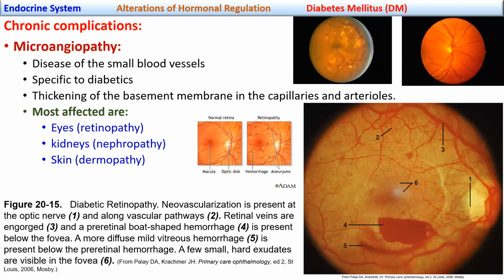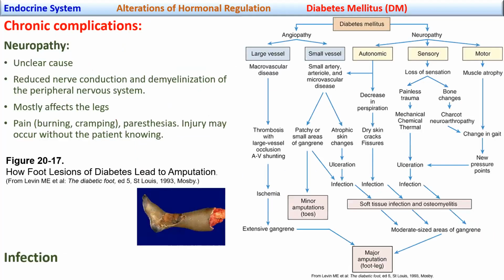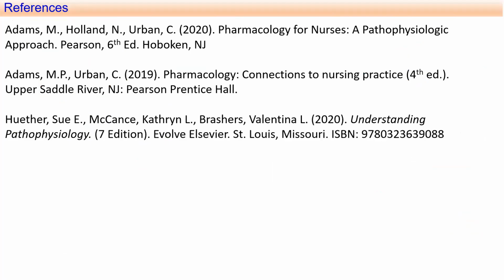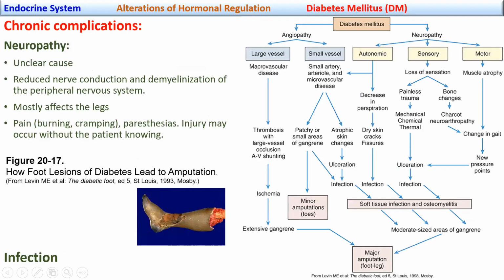There are changes in the retina, the kidneys, and the skin. The vascular changes affecting the skin would result in necrosis, and eventually the only treatment modality would be amputation of the limb.